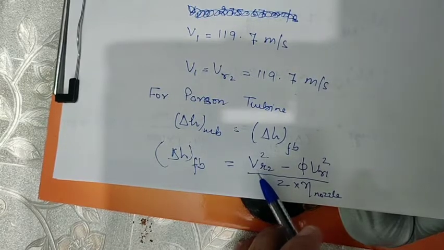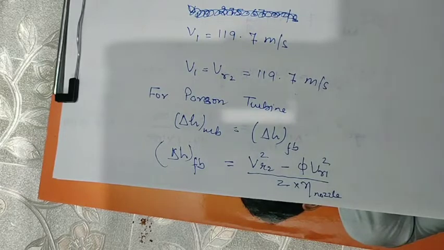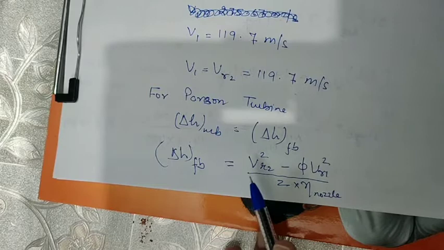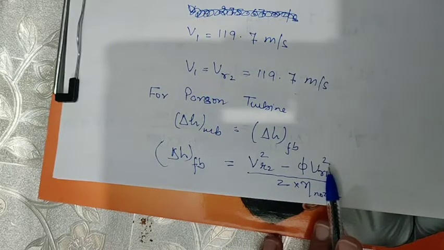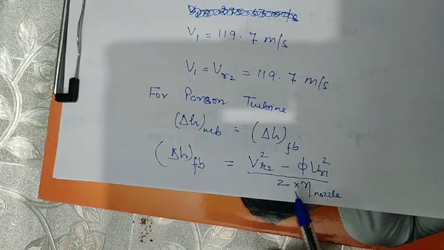kinetic energy change with respect to the fixed blade divided by the nozzle efficiency, that is VR2 square minus VR1 square divided by 2 into nozzle efficiency.